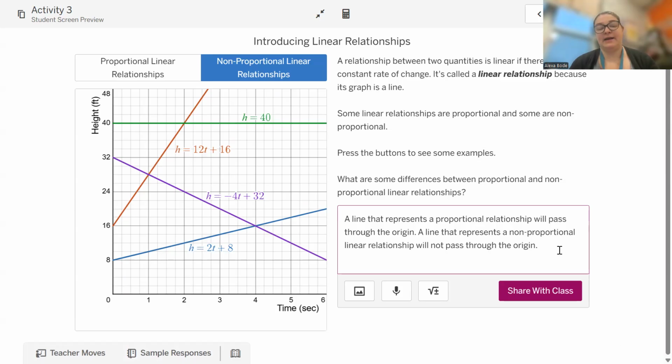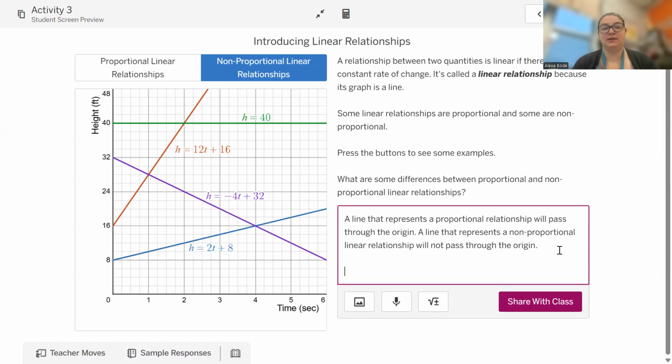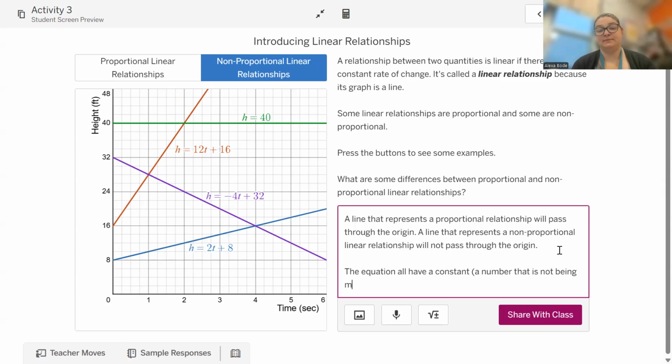Something else that I was looking for is the equations. So the equations all have a constant, or our constant is a number that is not being multiplied by t.